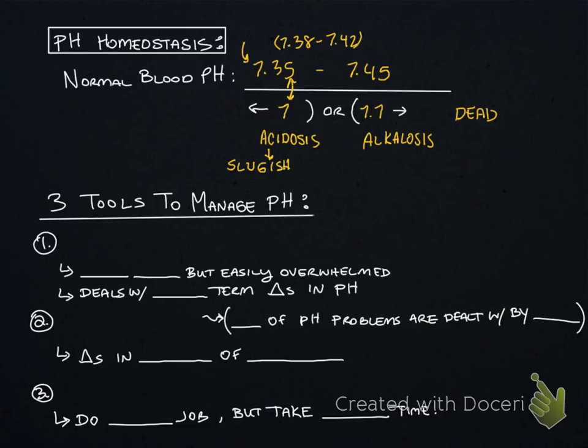And if it's bad enough, you could be in a coma. Now on the other end, alkalosis, your muscles start to become twitchy, and they get cramps, muscle cramps.